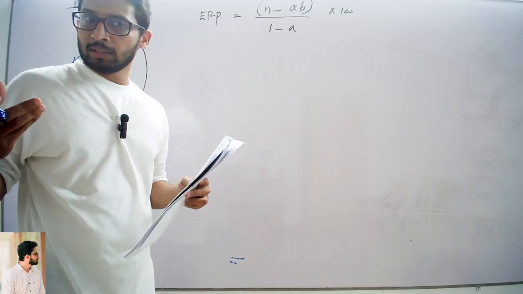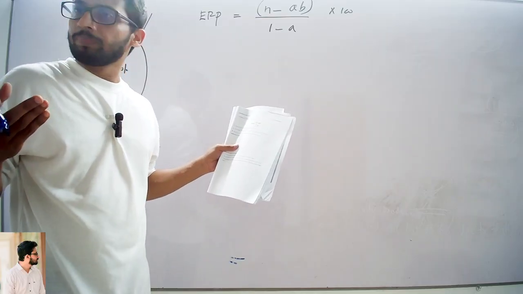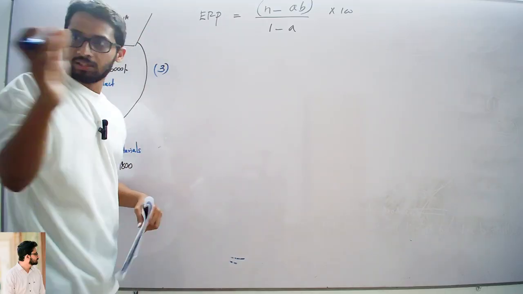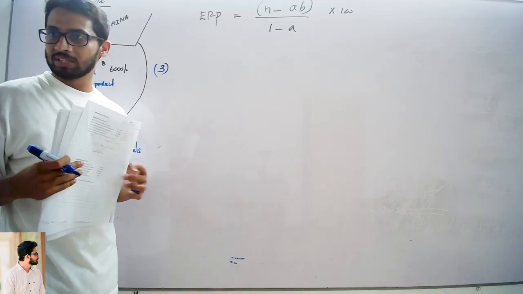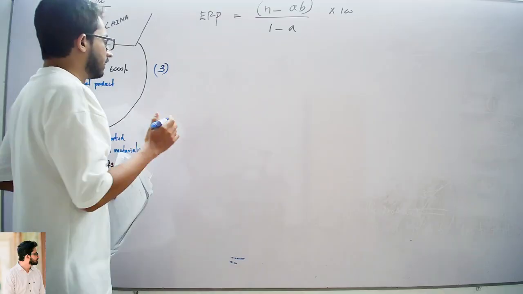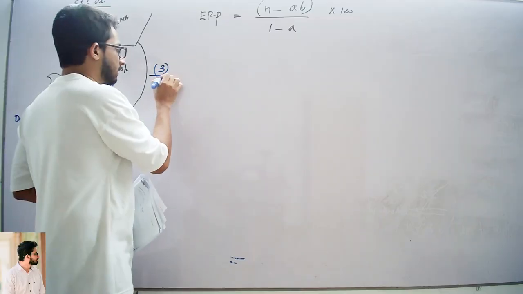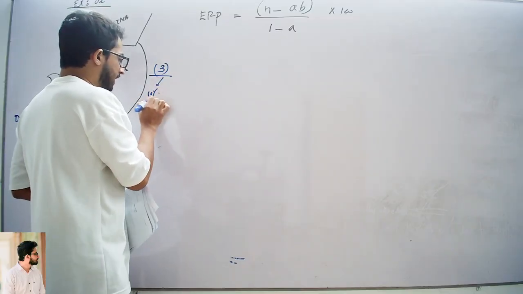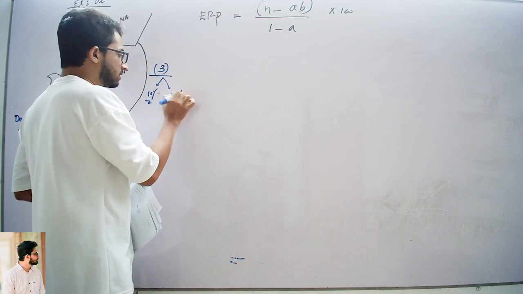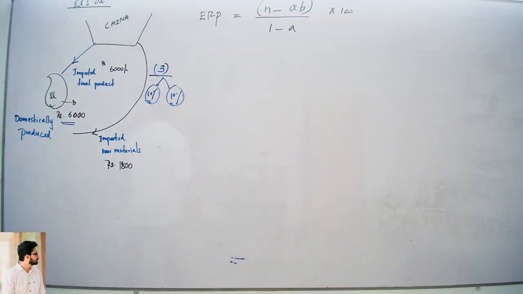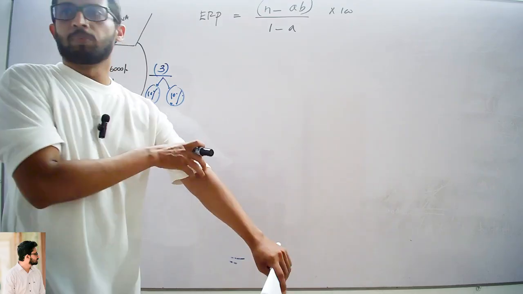I'm going to get the answer for the last question, the third part of the previously done question. In the third question there are two tariff rates: 10% on the final product and 10% on imported raw material.